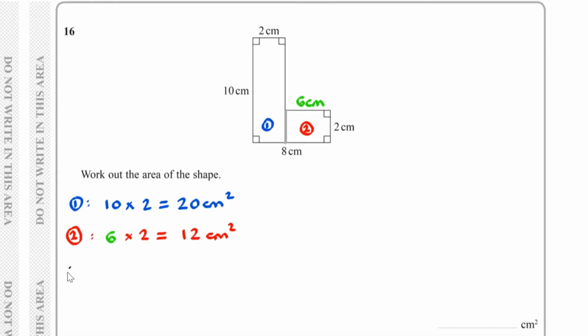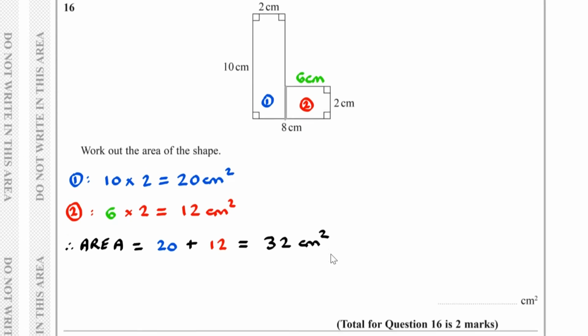And therefore, the area is equal to 20 plus 12, which is 32 centimeters squared.